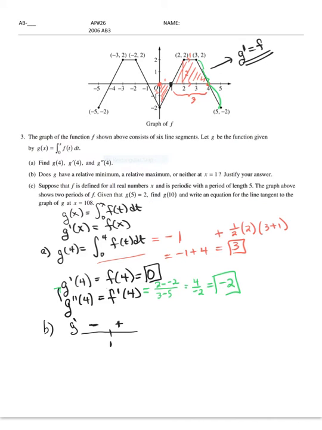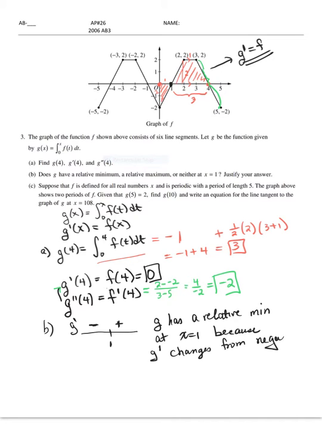So immediately we could say that g has a relative minimum at x equals 1 because the derivative of g changes from negative to positive at x equals 1.